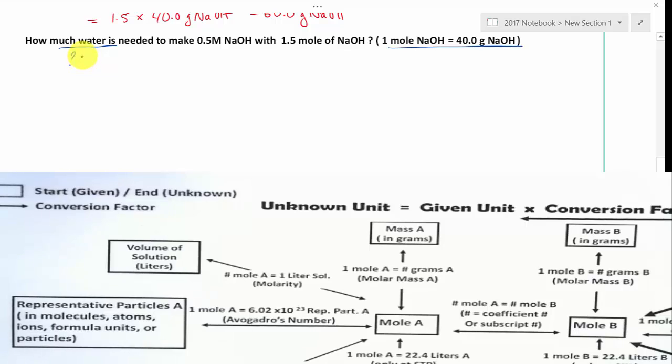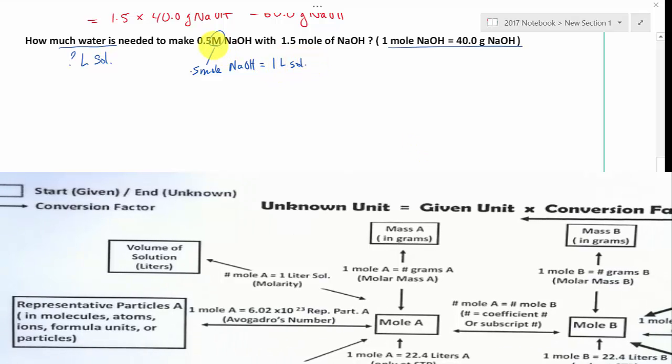So this is basically asking how many liters of solution it is going to be. Okay? And it's needed to make 0.5 molarity. That tells you there is your conversion factor, which is 0.5 mole of NaOH equal to 1 liter of solution.